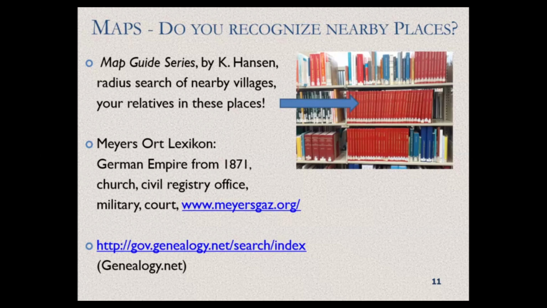If there were two churches, for example Catholic and Evangelic, where was the closest Jewish synagogue, where was the closest railway station, closest mill, civil registry office, a recruiting center for the soldiers. So the closest military district where they would need to report for recruitment. This Meyers Gazetteer website is, to me, maybe the one website where you really need to type www.